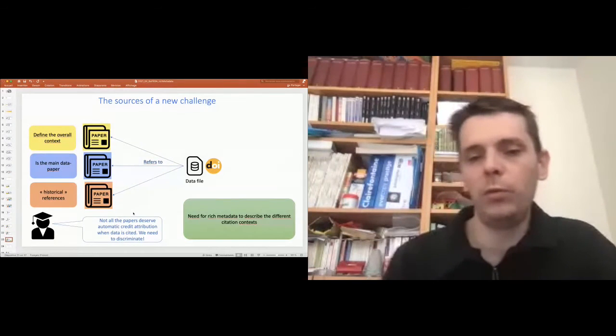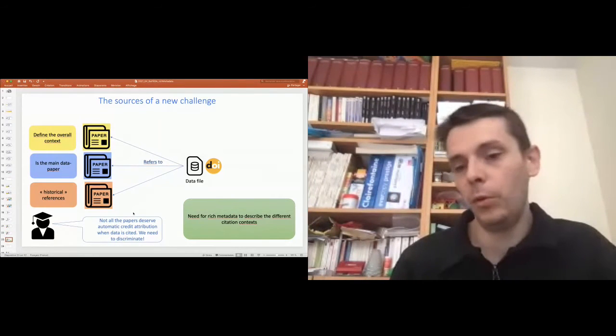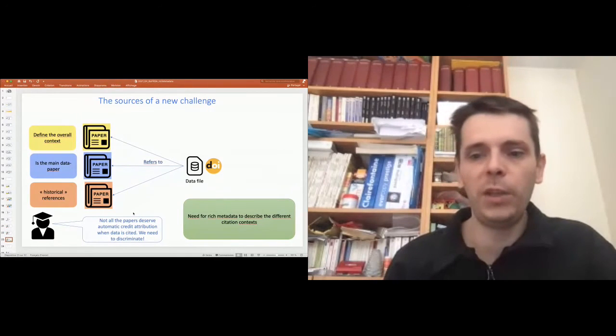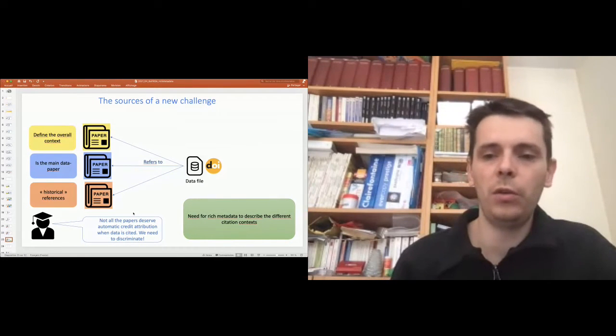So we came to our goal here, the need for rich metadata to describe the different citation contexts.